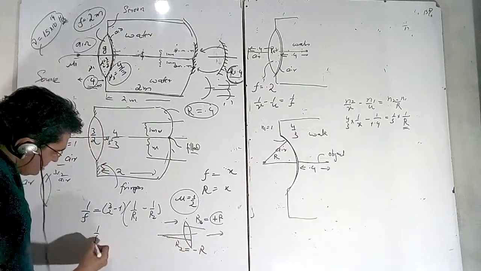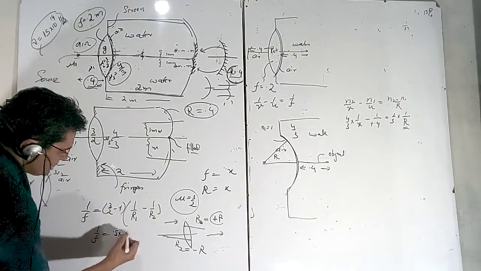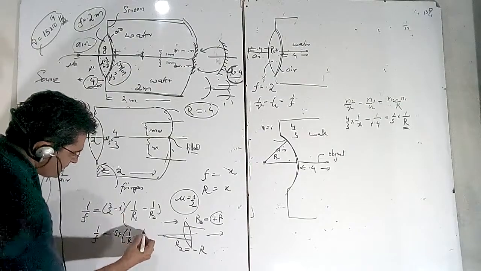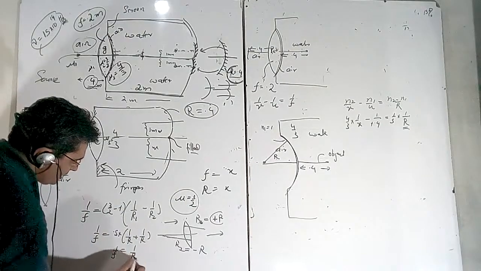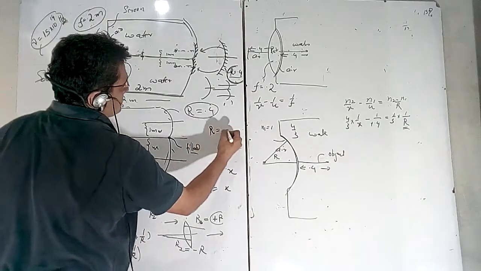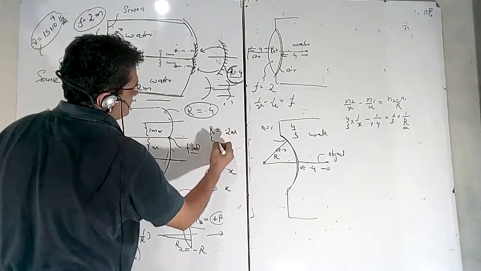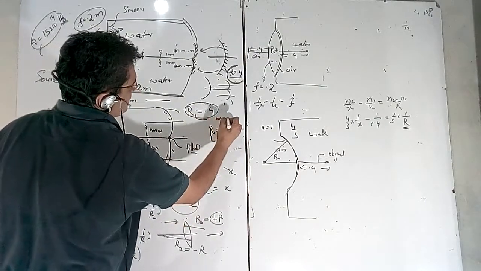So when you put it, it is 0.5 into (1 upon r plus 1 upon r). So 1 upon f is equal to 1 upon r. So the radius is coming the same as 0.2 meter for the lens. Don't confuse with the radius, this was for the mirror.